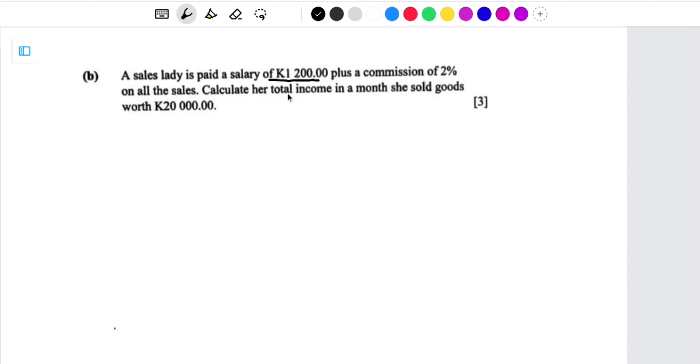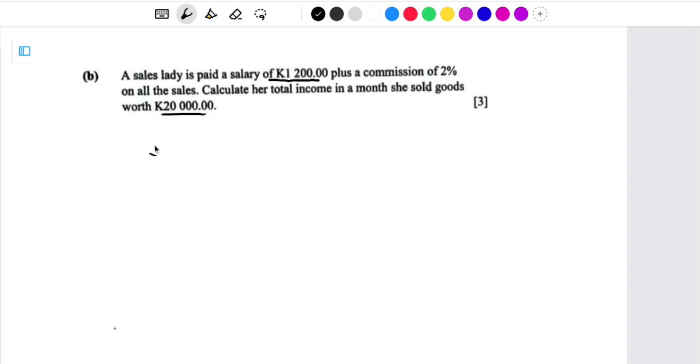Then calculate her total income in a month. She sold goods worth 20,000. So what are we going to do here? The first thing, we have to calculate the 2% of this one here and then add it to the same amount that she receives every month end, which is the salary.